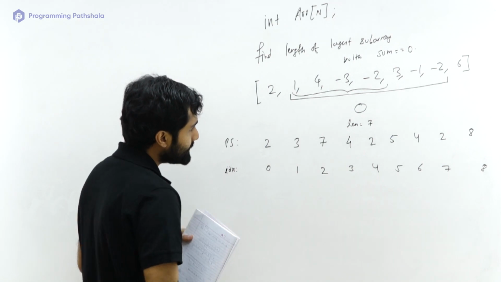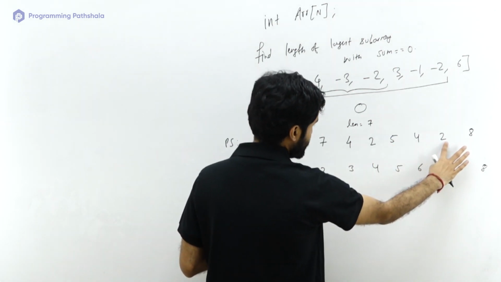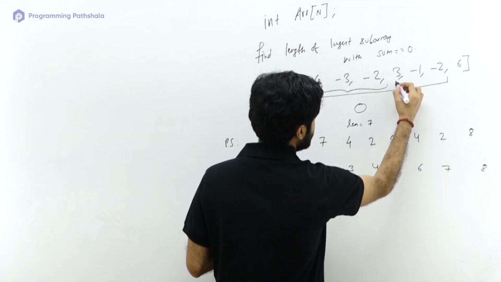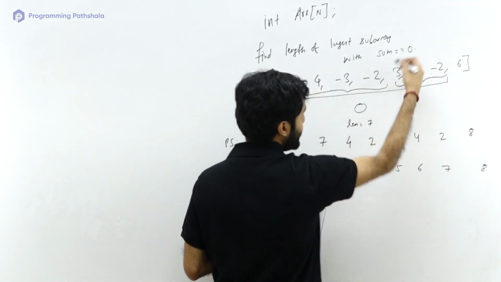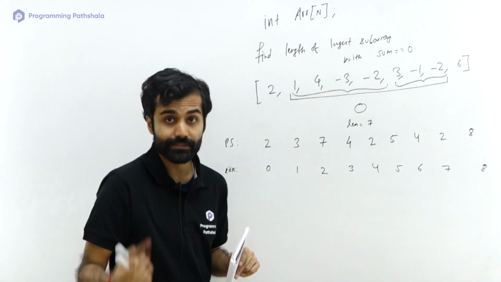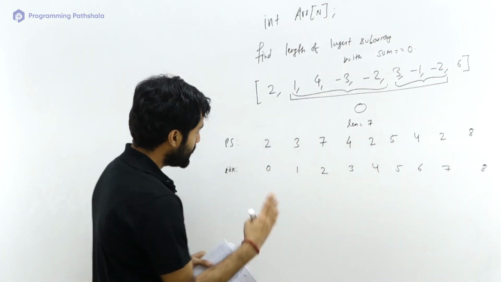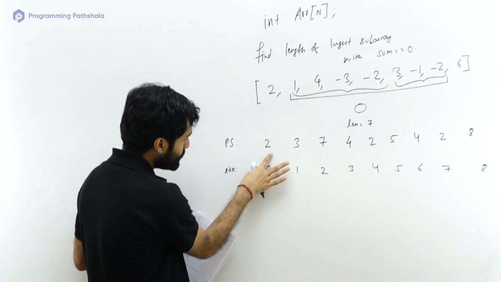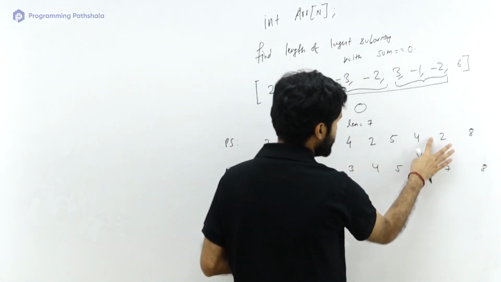Similarly, I can see that this 2 is again repeated here. So from index 5 to index 7, the sum will again be 0, and yes, that is the case. Similarly, if you look at it from a different angle, there is a prefix sum over here and the same prefix sum is over here again.